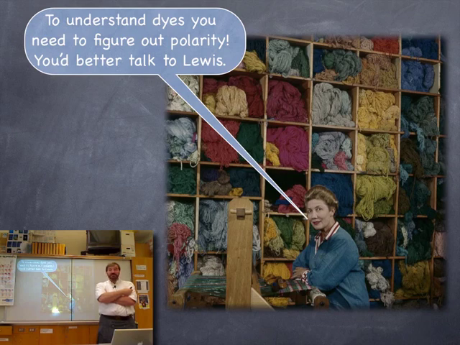Okay? To do that, we're going to need what we call Lewis structures. And Lewis structures are our introduction to understanding how atoms bond covalently. And that's what you're going to learn tomorrow. Okay? Excellent.